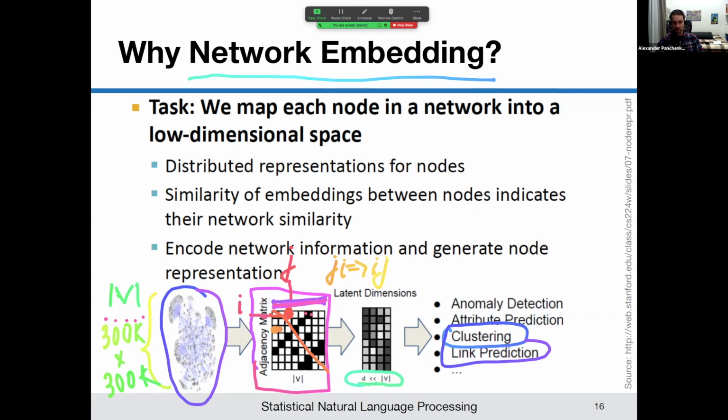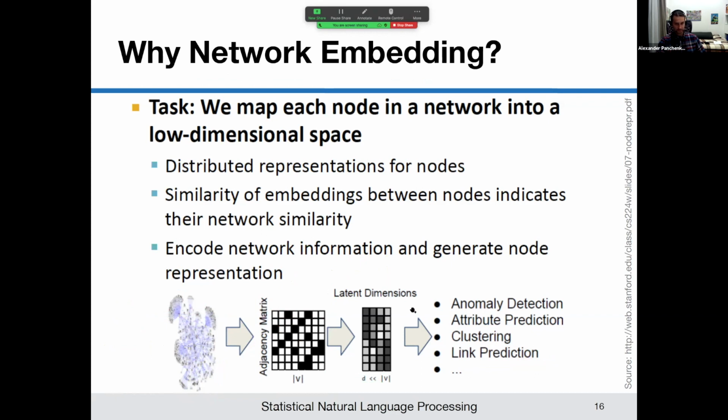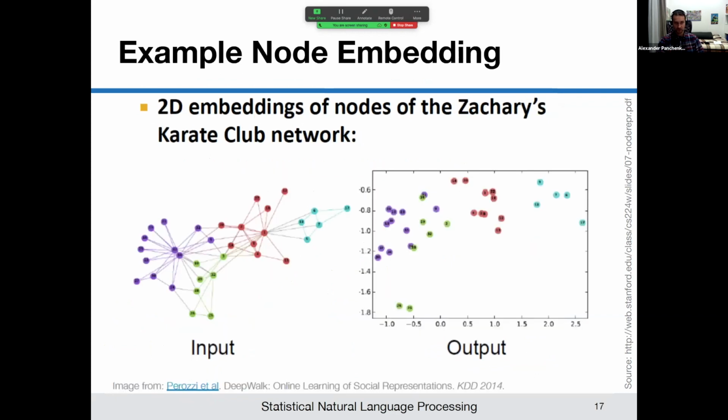So graphs are good, but this direct representation isn't useful to combine with machine learning things. That's why you need network embeddings.